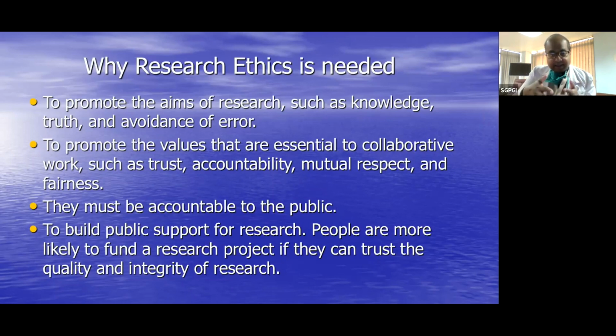So there is a trust which has to be developed in research, and that promotes collaboration. He need not be a friend of yours, but he must be holding integrity in the field of science. That's very important when you go and share your ideas with someone. So that is a very important way in which research ethics matters.